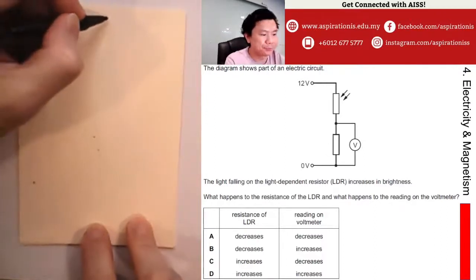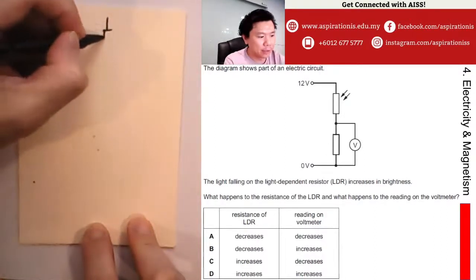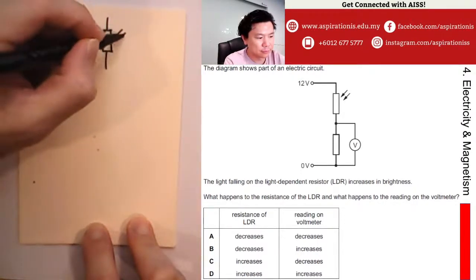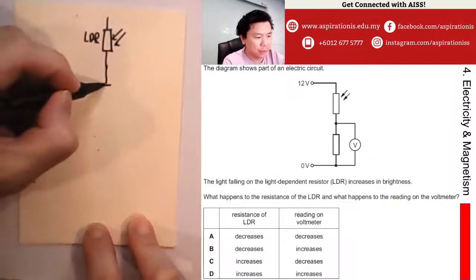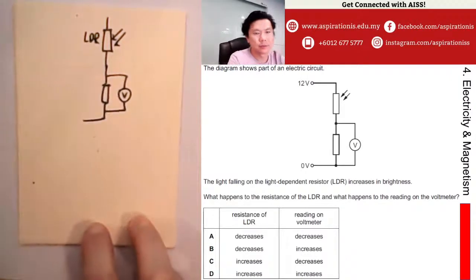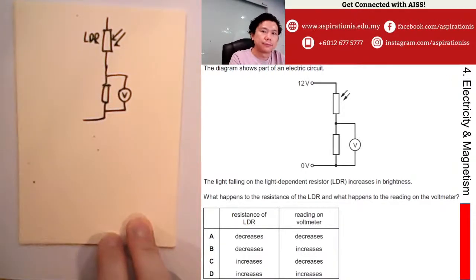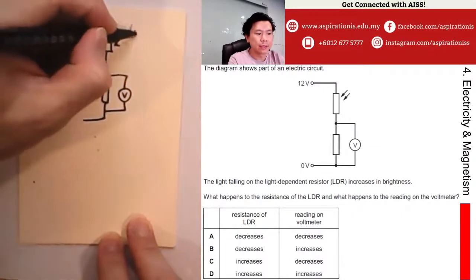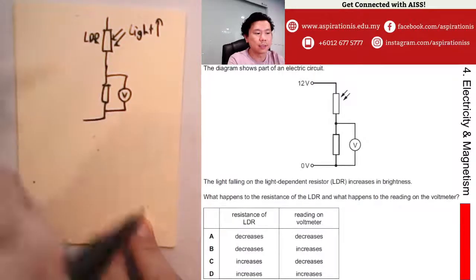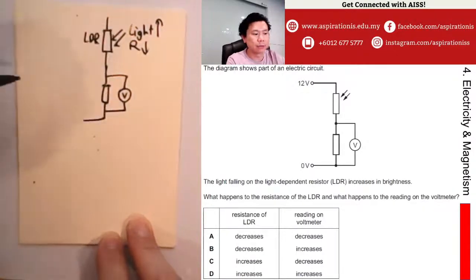Now look here. You have an LDR, and you have a normal resistor. You know that, we established this two days ago, right? When your light intensity increases, your resistance goes down.